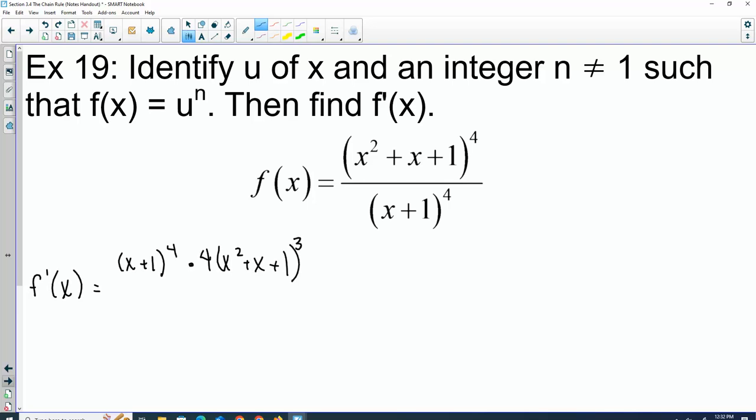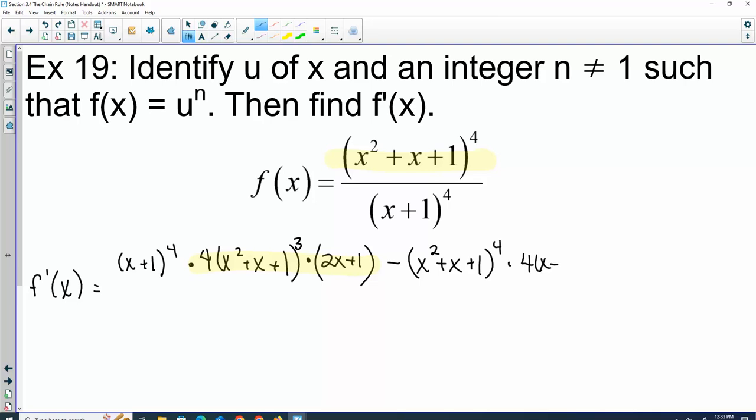Subtract 1 from the power, times derivative of that inside is 2x plus 1. Okay, so this whole thing right here is just the derivative of the top. Minus high, D low, derivative of the bottom. So what happens? 3x plus 1.